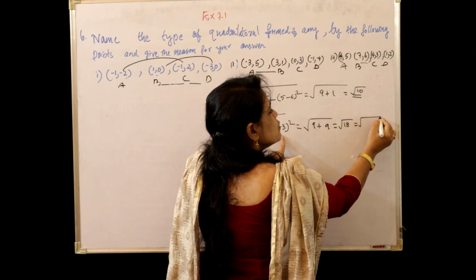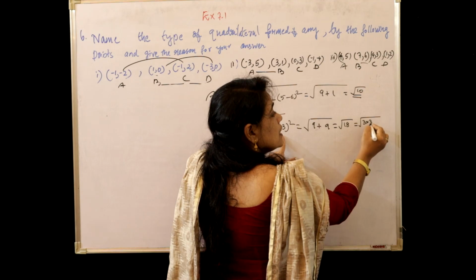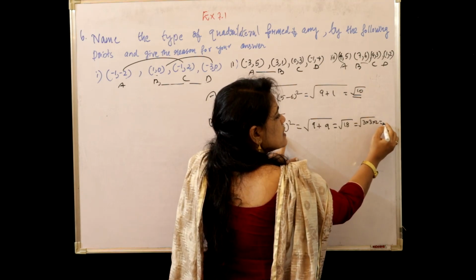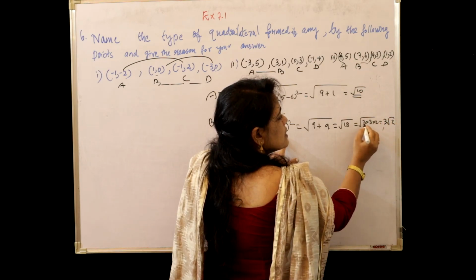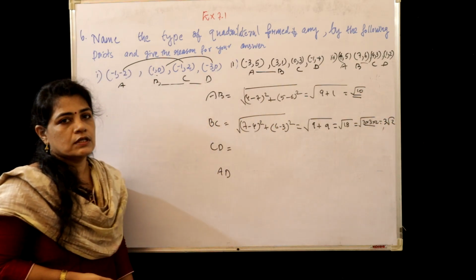Root 18 is root 3 into 3 into 2, that means this is equal to 3 root 2. From this pair you can take 3 outside.